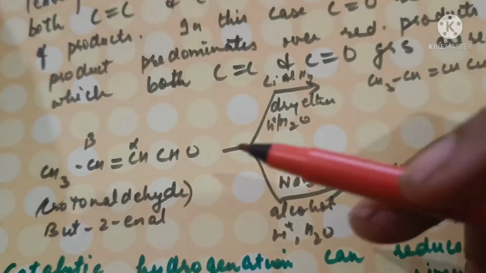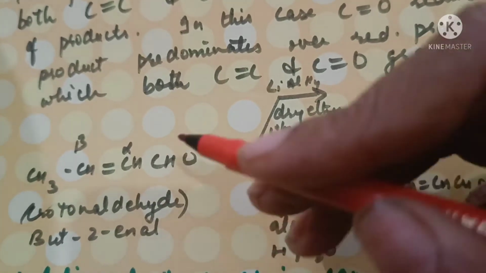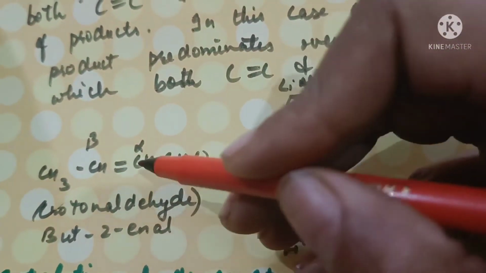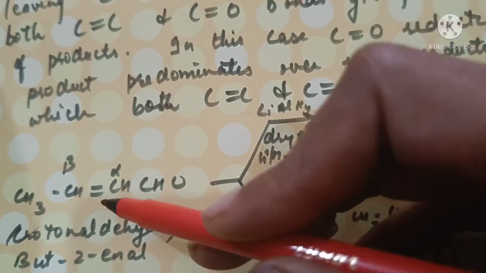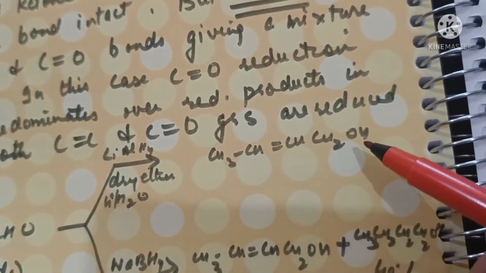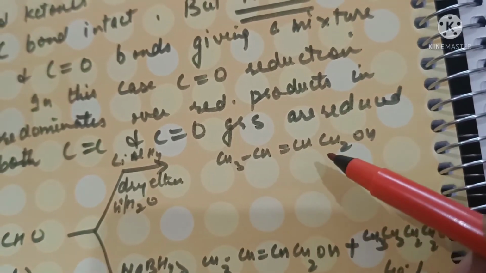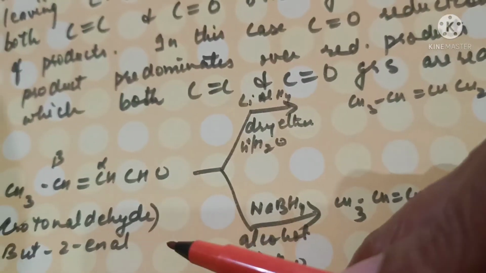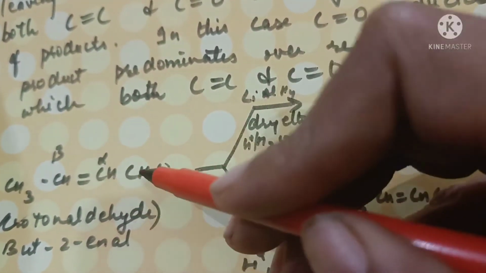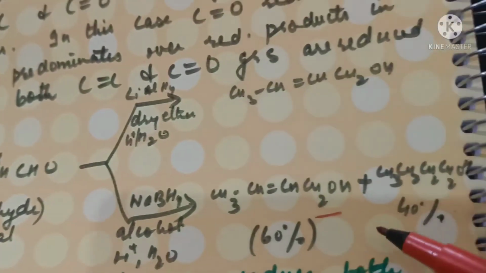So let's check it out. This is a compound that contains a carbonyl group and a double bond. Lithium aluminum hydride will only reduce this portion, the double bond remains there, and so we get but-2-en-1-ol, whereas sodium borohydride will reduce this as well as this, so we get butanol.